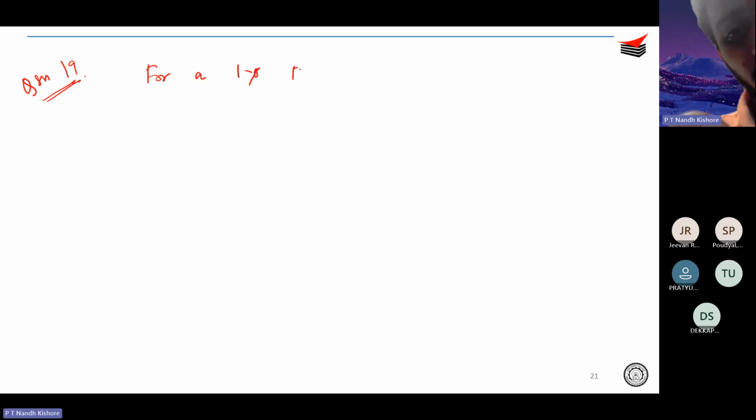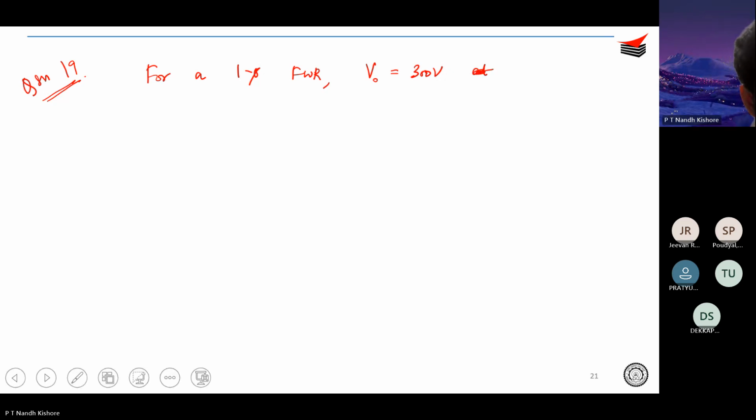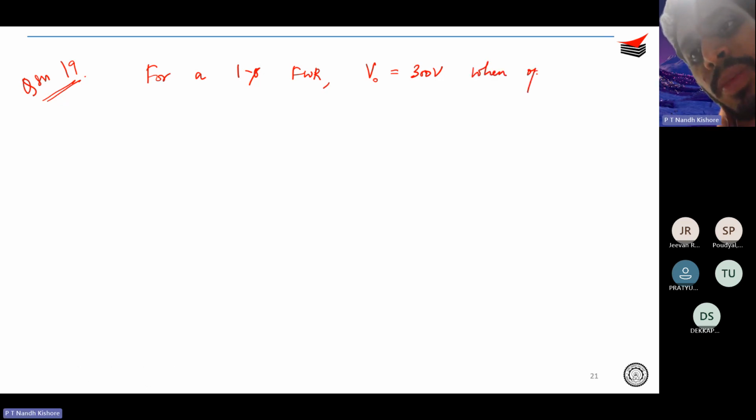For a single phase full wave rectifier, the output voltage is 300 volts when operated as a diode bridge.